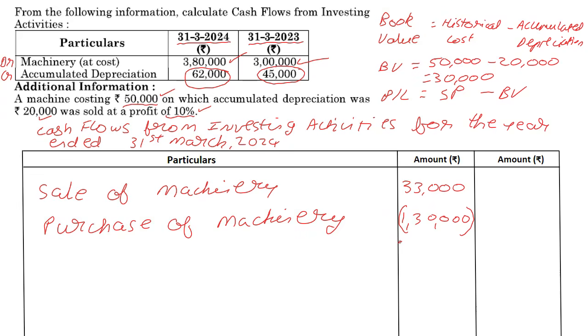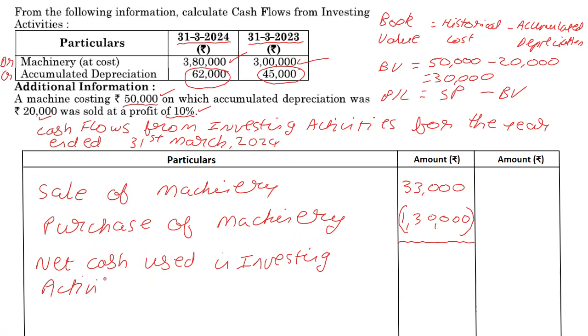And that number, since it's a negative number, we will say net cash used in investing activities. And we can write that in the outer column, and that amounts to negative 97,000. Negative means we know it's an outflow.